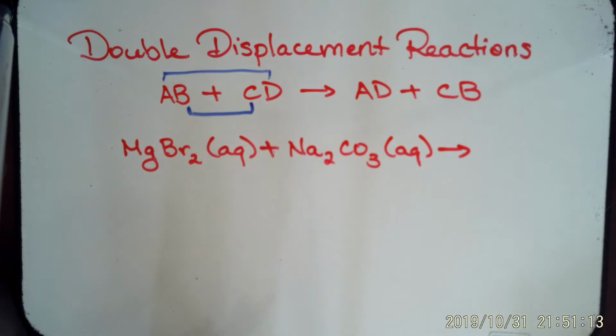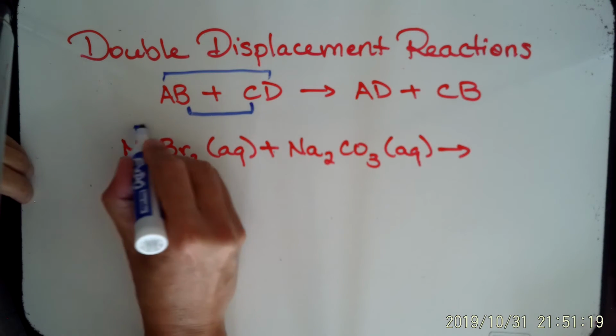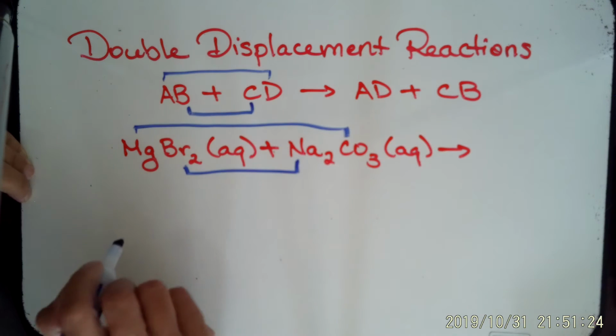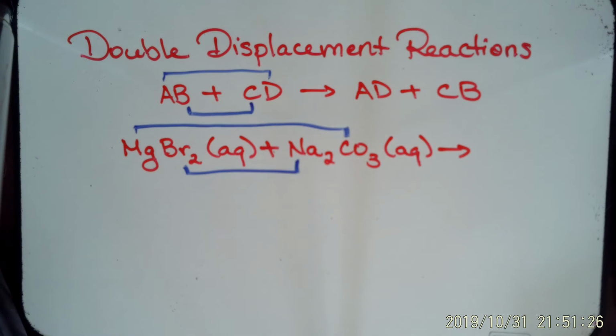Okay, so what are my possible products? So some people like to do outer and inner. You can do that. Just know cation first, anion second when you write your formulas.